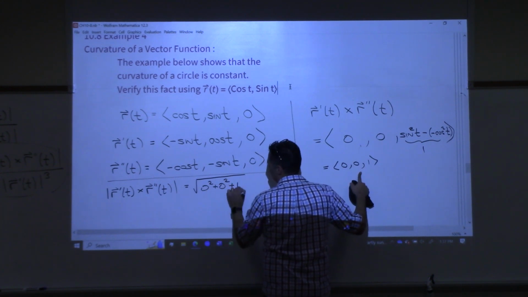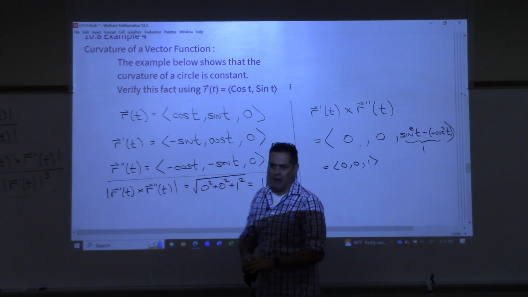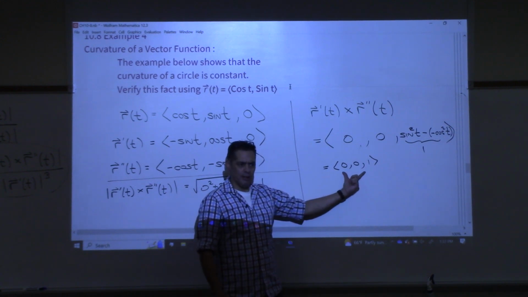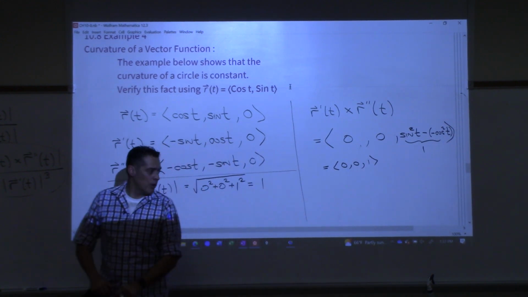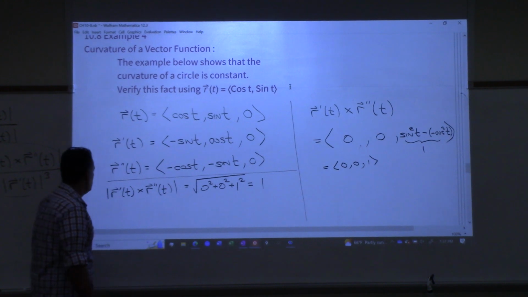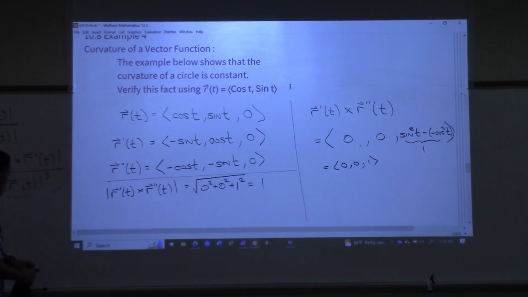I don't think I needed to do this, but I think it's obvious, right, that the magnitude of that vector is 1. But that's the work for it, right? This is 1. So I've got the top, right? In terms of what I've done here, I've got all of that done now, right? I just need the magnitude of the first derivative cubed. So the only thing left.